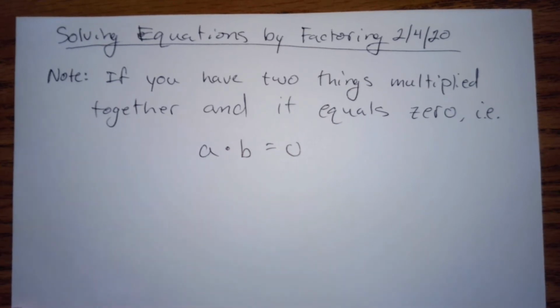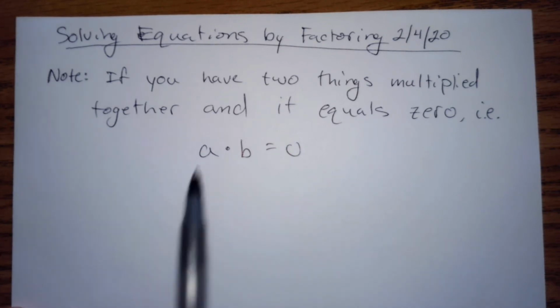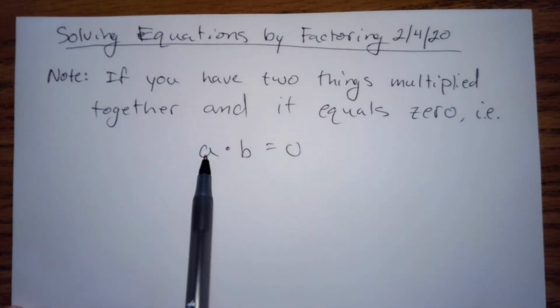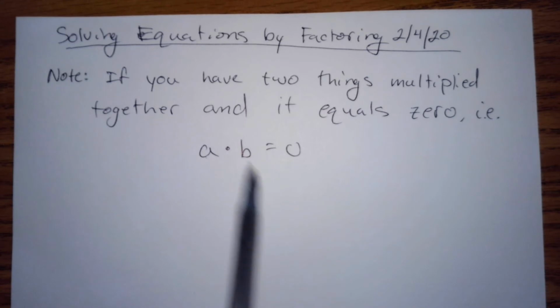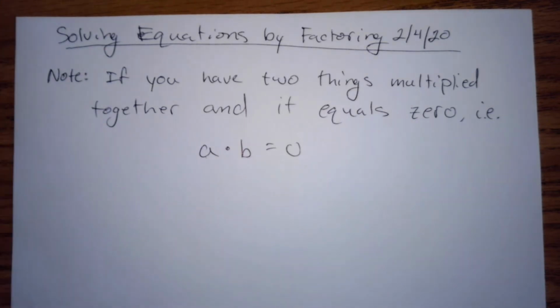The only way I can get 0 is if I multiply 0 to something. So if A was not 0, then the only way I can have this equation be true at the end is so that B is 0.